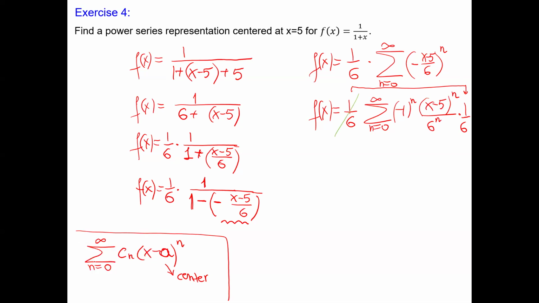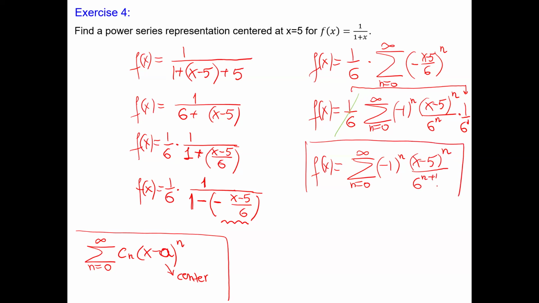The power series representation will be summation from 0 to infinity, negative 1 to the n, x minus 5 to the power of n, and then 6 to the power of n plus 1. Okay, I mean, this is the power series representation.